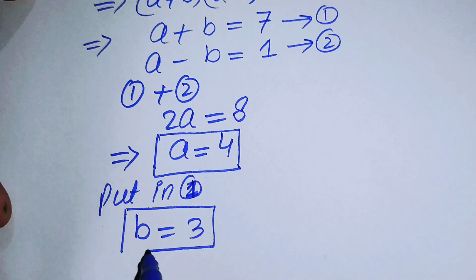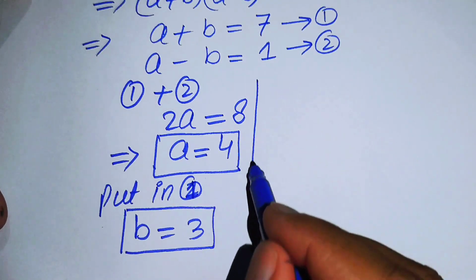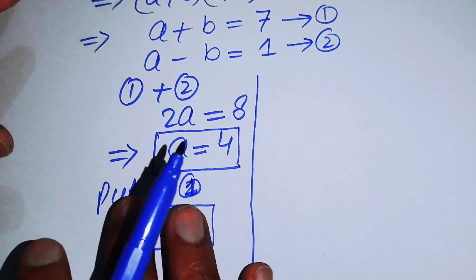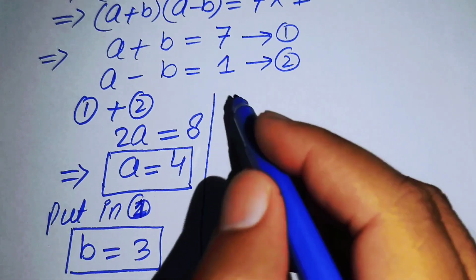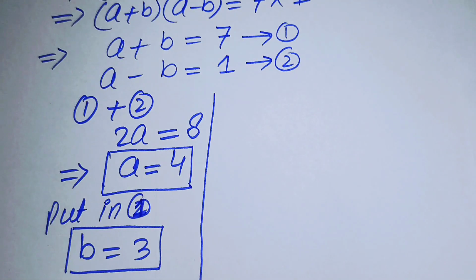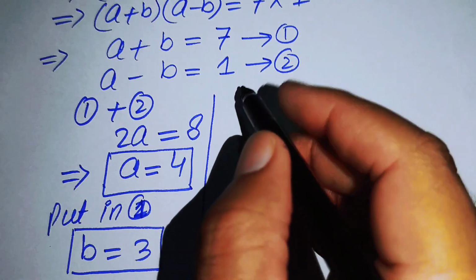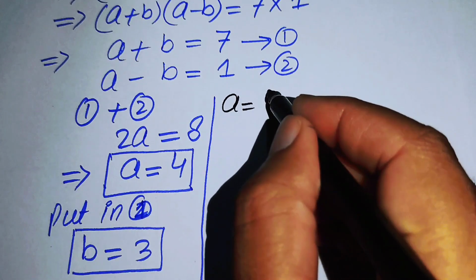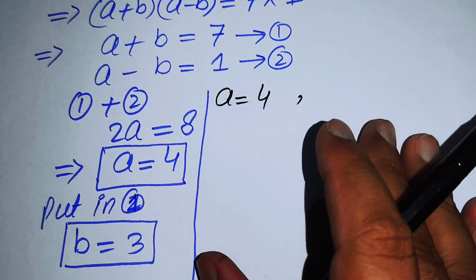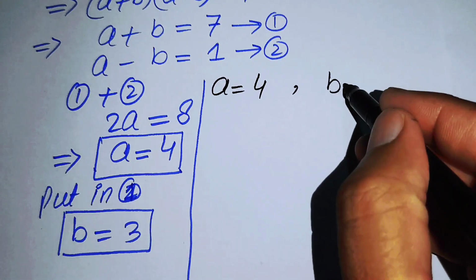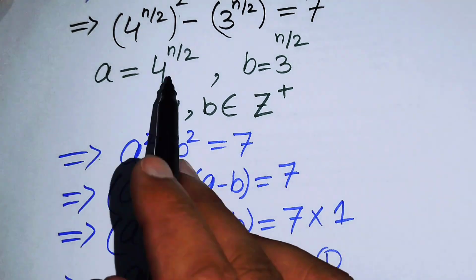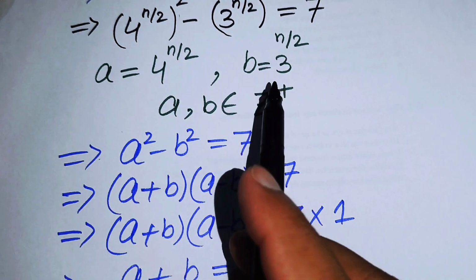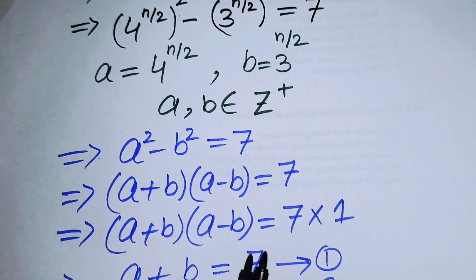So this is the value of b, and now we can back substitute the values of a and b. I can write a is equal to 4 and b is equal to 3, and we supposed that a is equal to 4 to the power of n over 2 and b is equal to 3 to the power of n over 2.